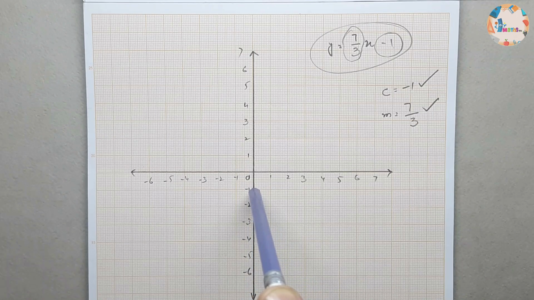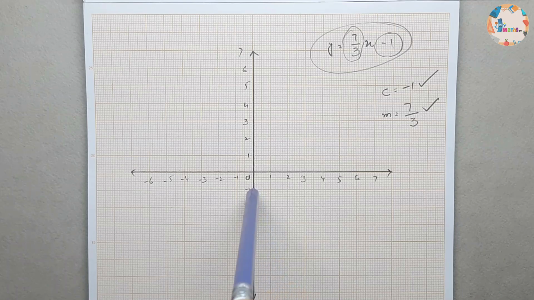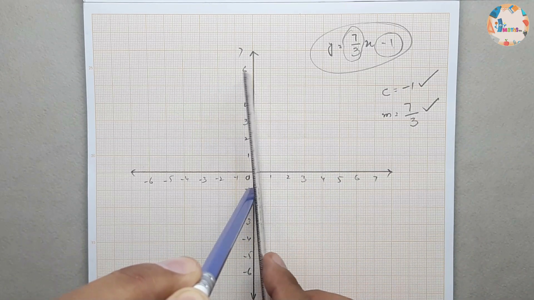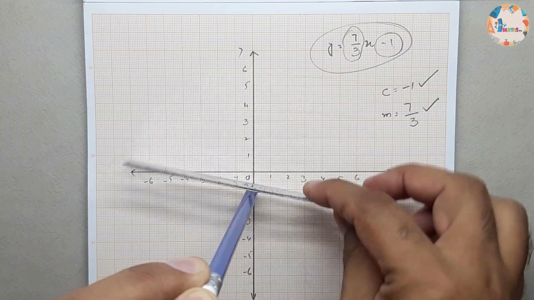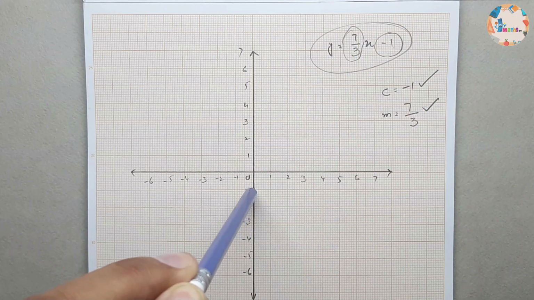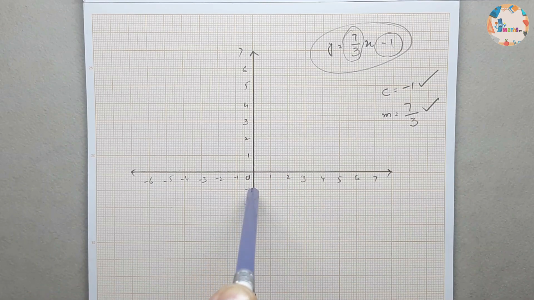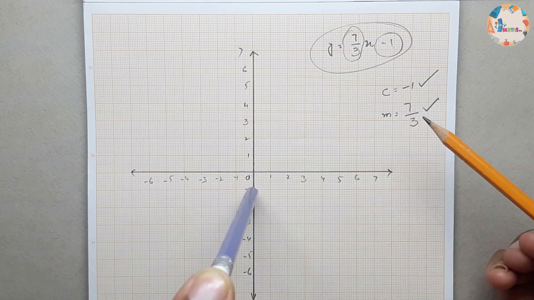This indicates that our line is passing through this point where I have placed the pencil, but we don't know in which direction. It can be so many directions, like 360 degrees, all directions. So to identify that one, we will be checking this one. This is m.